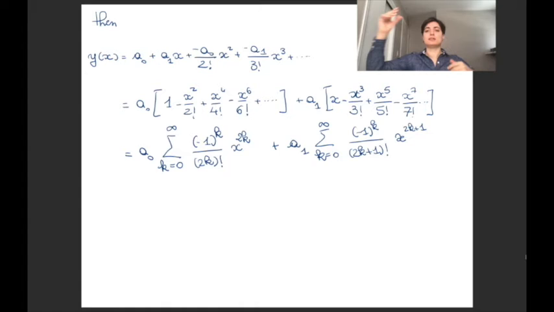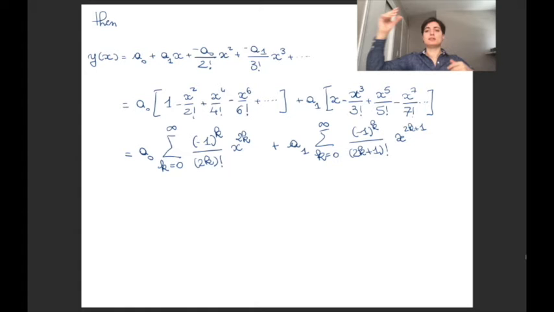And the power series multiplied by a1 is a sum from k going from 0 to infinity of (-1)^k divided by (2k+1) factorial multiplied by x to the power 2k+1.